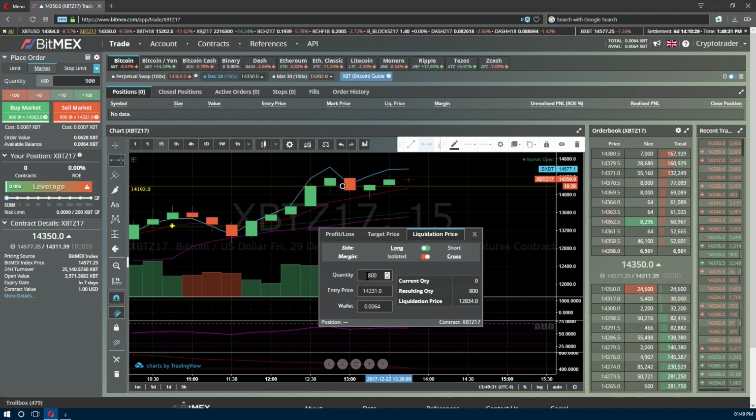What if I put $1,000 in? Liquidation price would be way down there if I only did 100. But if I did 1,000, the liquidation price would be better. That's interesting. Is that a better liquidation price than this?